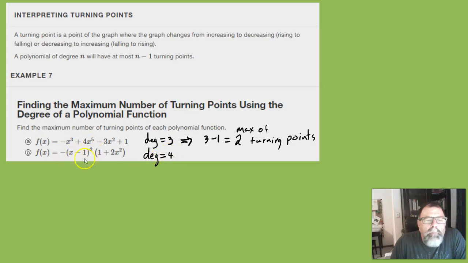Because if you multiply this out, you get x squared plus some other terms, and then you take that x squared and multiply it into this one, you get x to the 4th. So we can have up to 4 minus 1, which is 3. So we can have a maximum of 3 turning points.